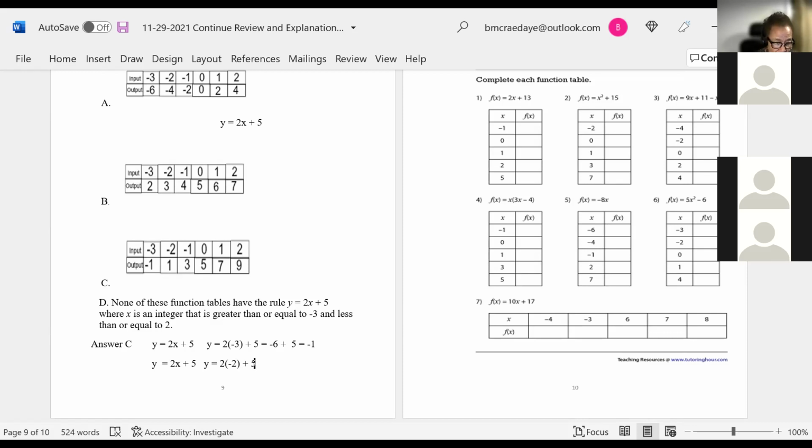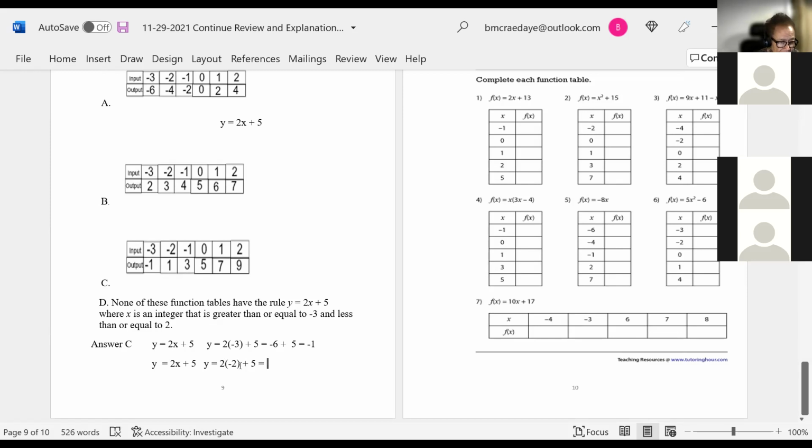That's our rule, right? And what's 2 times a minus 2, Audrey? It's 4. Plus or minus? 2 times a negative 2. 2 multiplied by negative 2, right here.